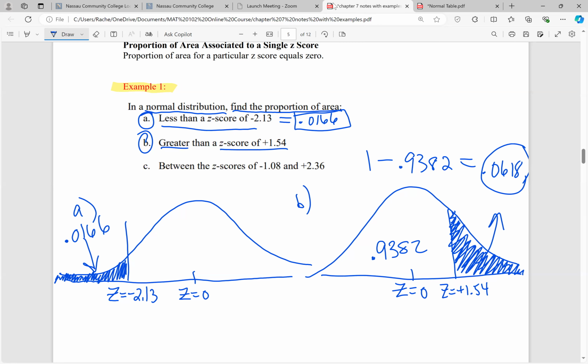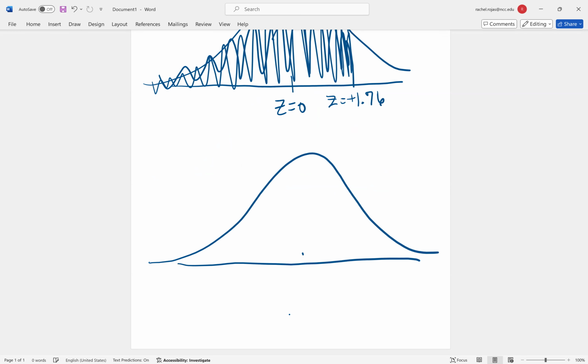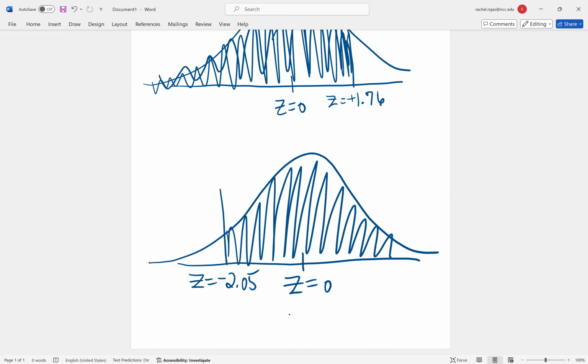So before we get to part C, let me give you another example. What if I want the area to the right of a z-score of negative 2.05? So let's say I want the area to the right of a z-score of negative 2.05.